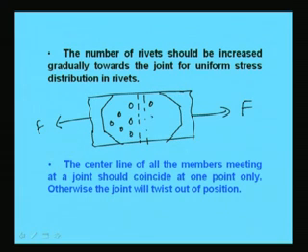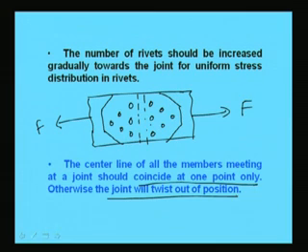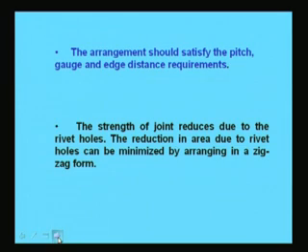The ideal configuration of the rivet joint should be like this, with the number of rivets increasing gradually towards the joint. Also, the central lines of all the members meeting at a joint should coincide at one point only. This is very important, otherwise the joint will twist out of position. Axial force only will not act in that case; some torsion will come into the picture, so we have to take care.